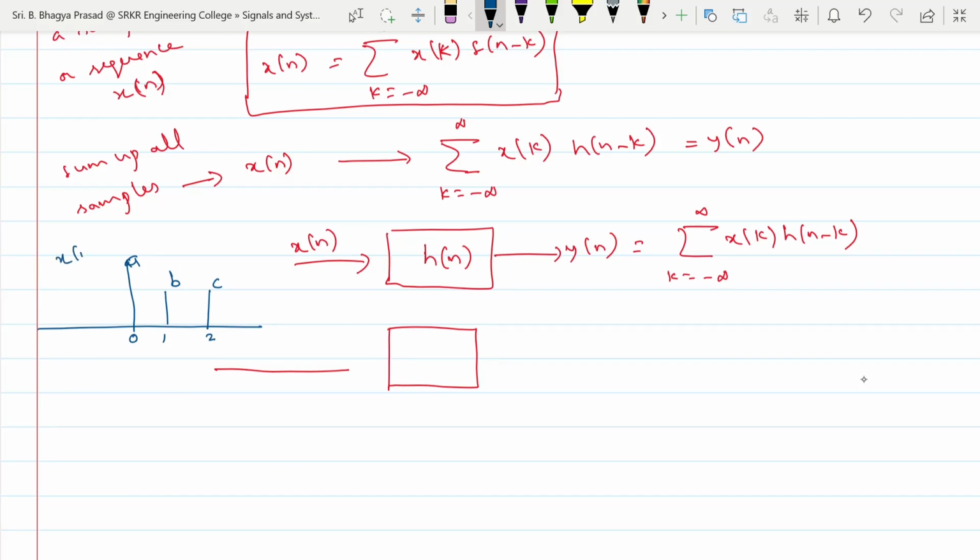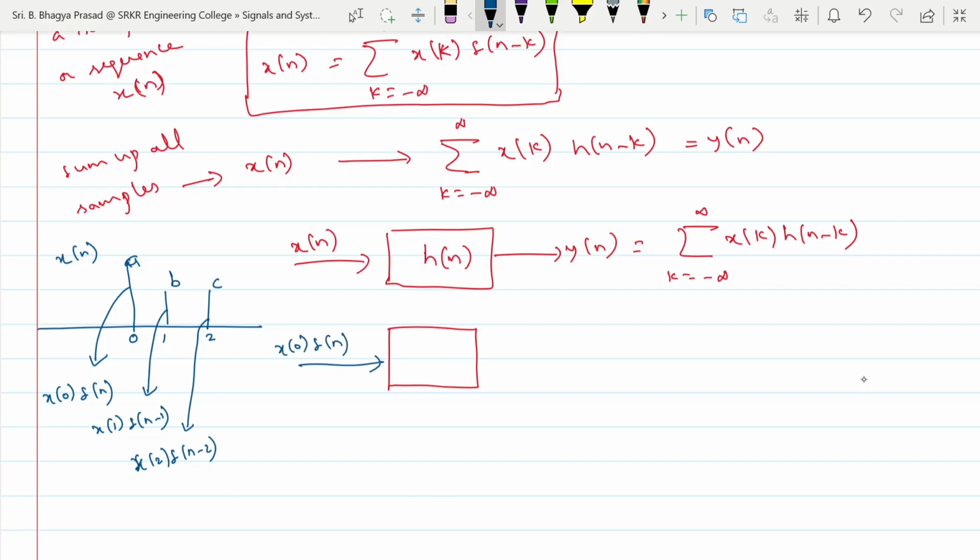This is your x[n]. So A is represented as x[0] δ[n], B is represented as x[1] δ[n minus 1], and C is represented as x[2] δ[n minus 2]. Now I give a particular input, the value x[0] δ[n], a particular value with strength A.